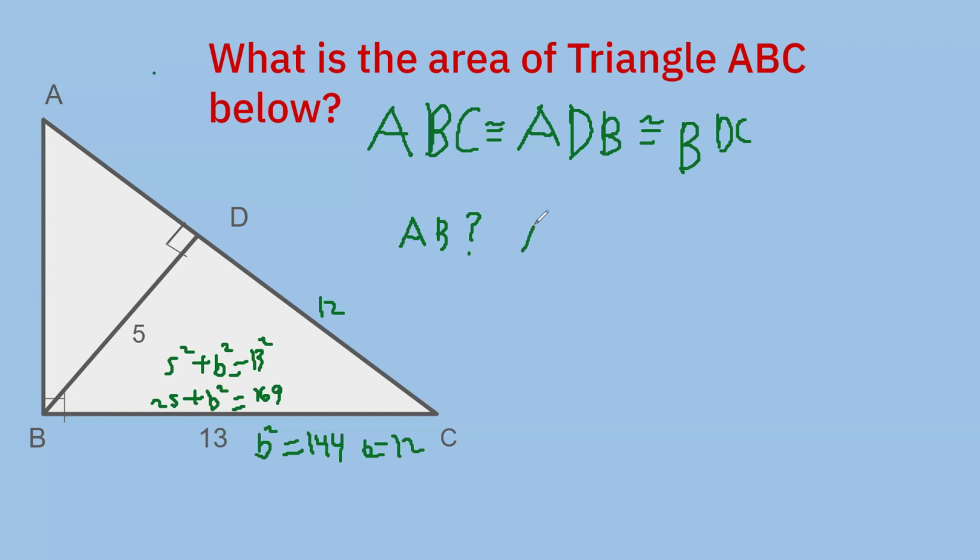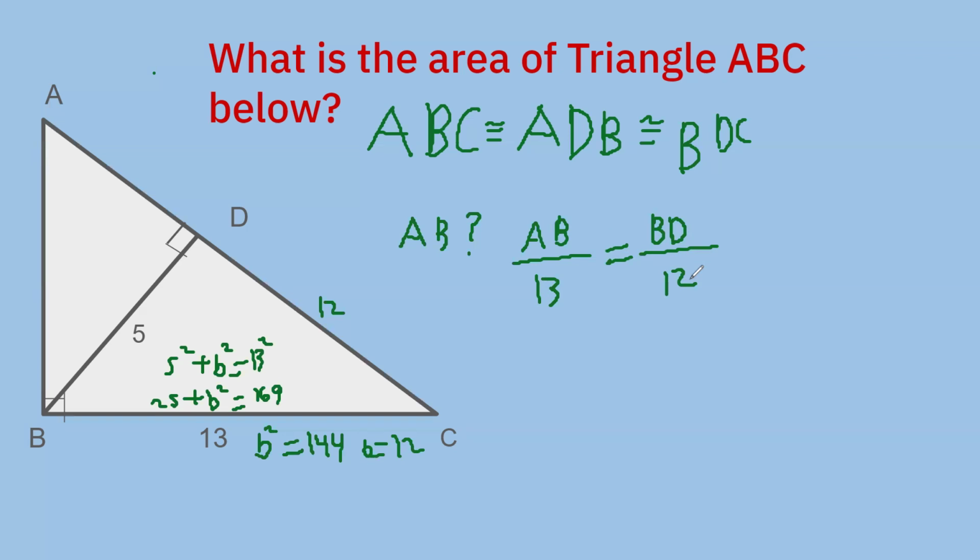So it'll be AB over, let's do 13 because that's the long side, the long height, equals BD over the long side. There is going to be 12, right?